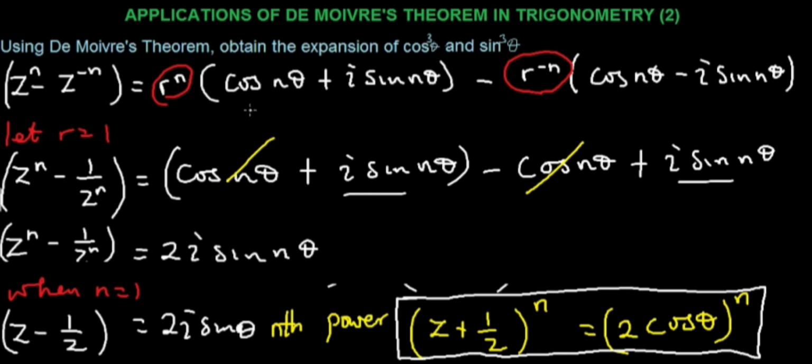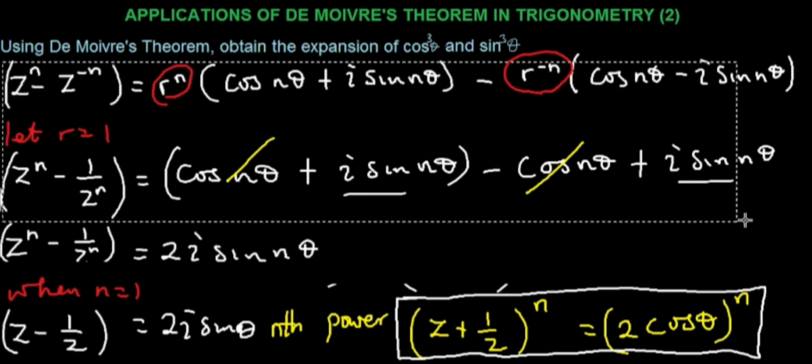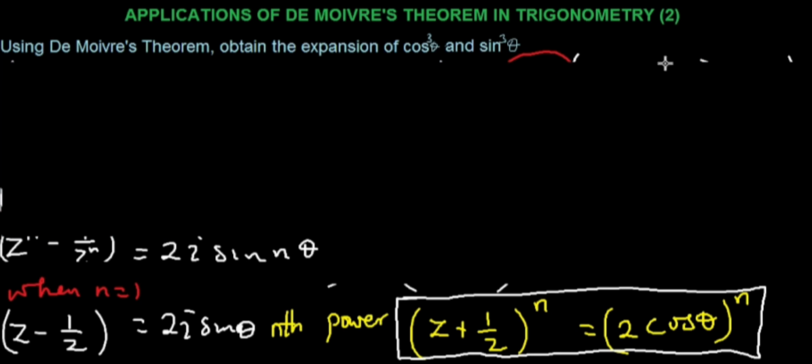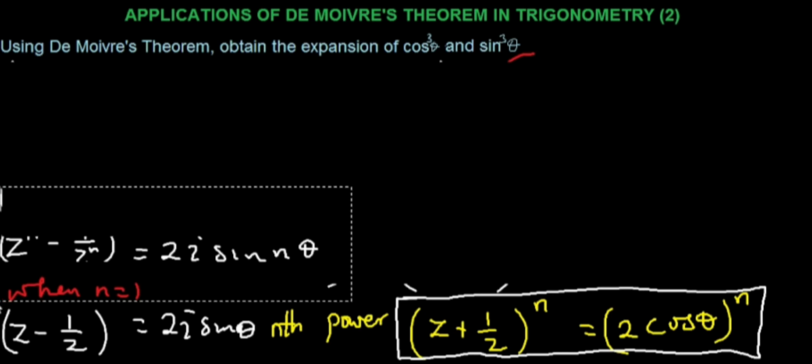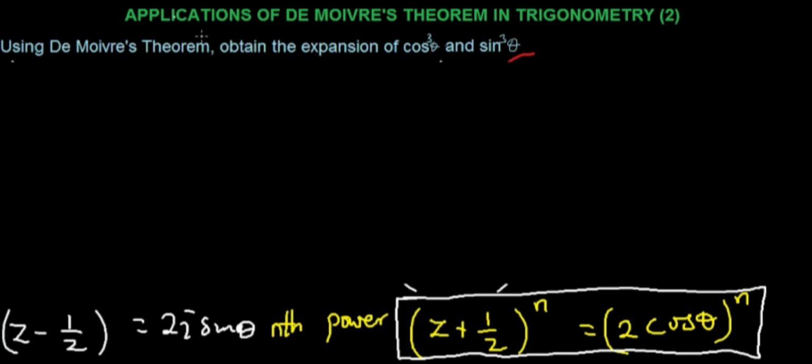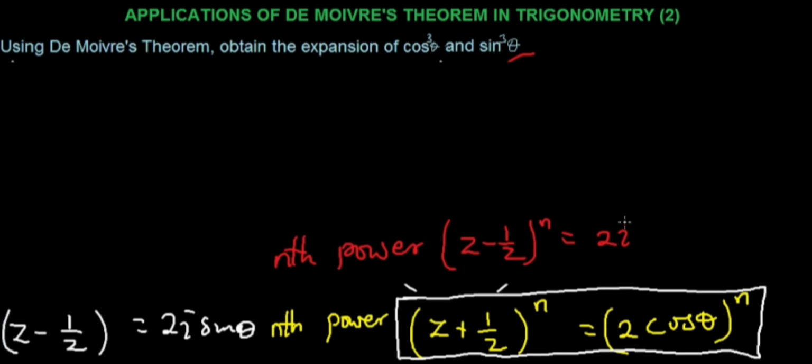And therefore the nth power for sine, just the way we derived for cos, will now be z minus 1 over z to the power n is equal to 2i sin theta raised to power what? Raised to power n.